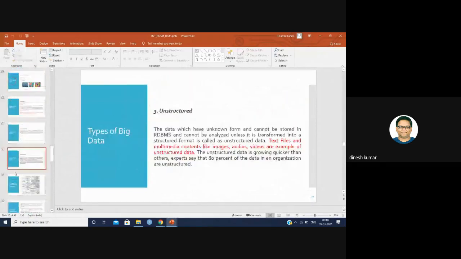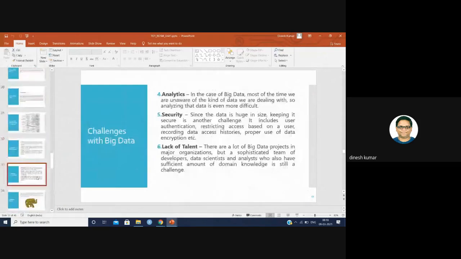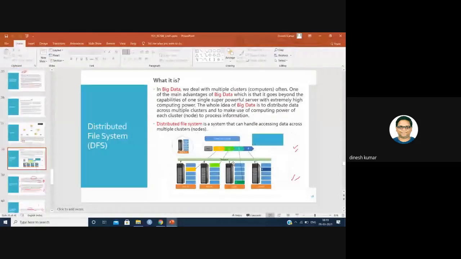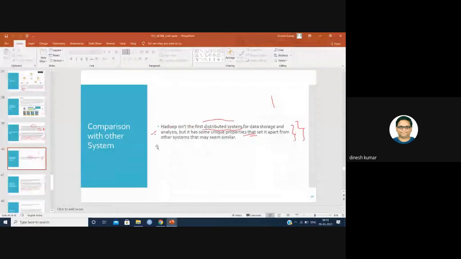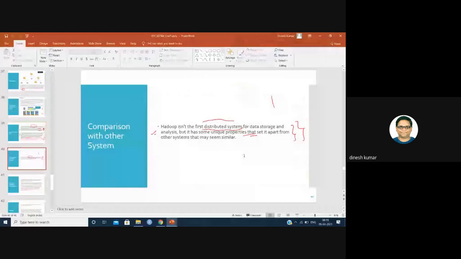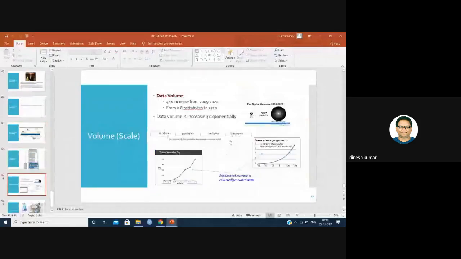In the first unit we also discussed data storage and analysis, file systems, distributed file systems, and the problems with DFS that make us switch to HDFS. HDFS brings some solutions, and we discussed that as well. So that was Unit 1.